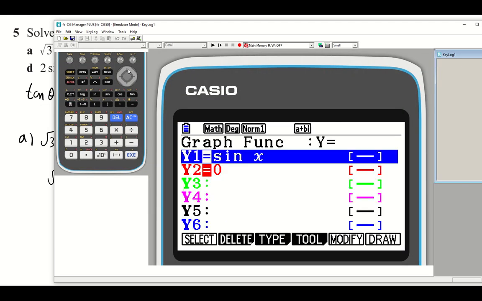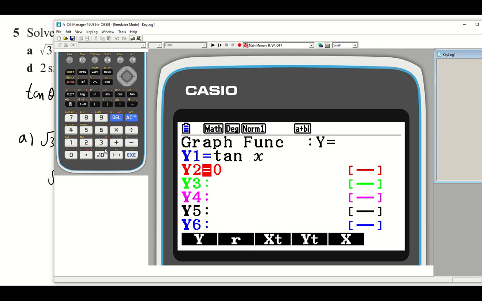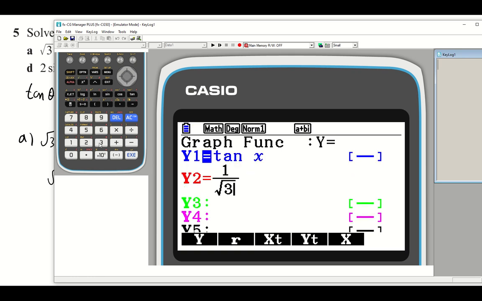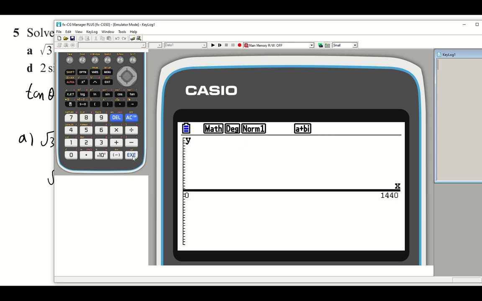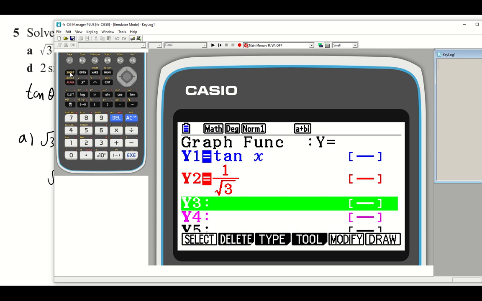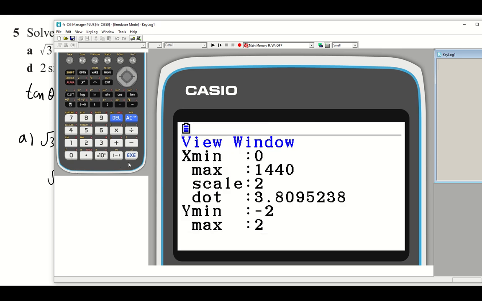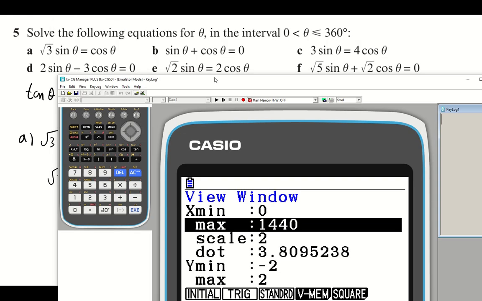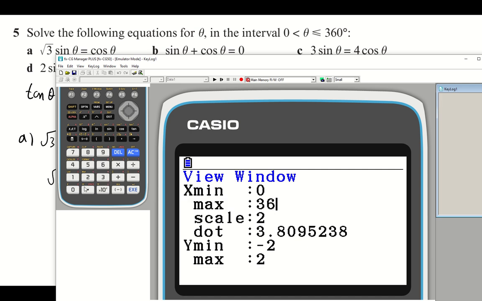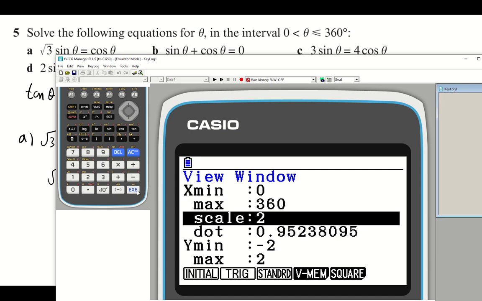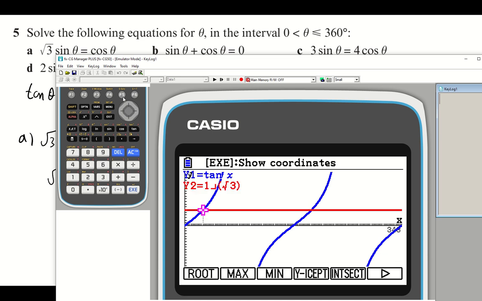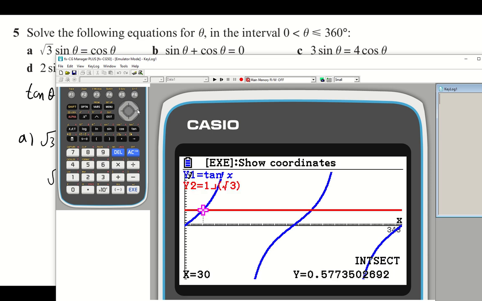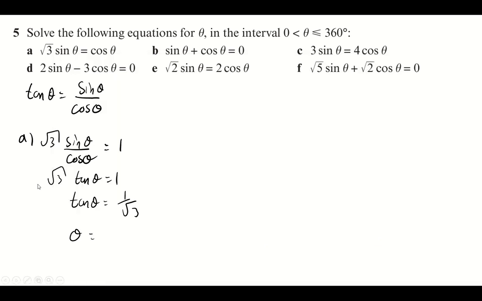So we want tan x is 1 over √3, which is the same as √3 over 3. If you worked it out in a calculator, you get √3 over 3. Didn't fix my view window, so 0 up to 360. G-solve, intersect 30 and 210.